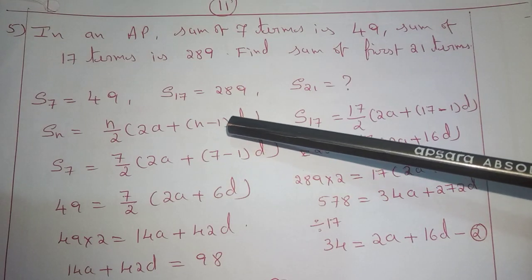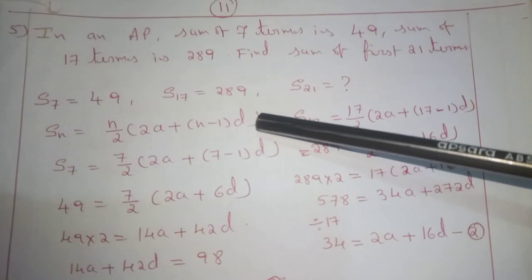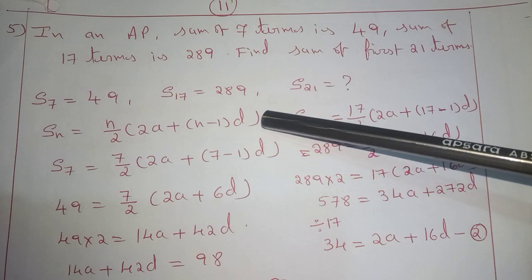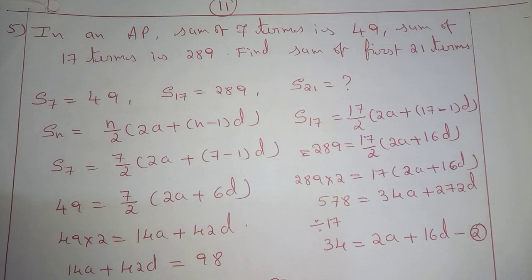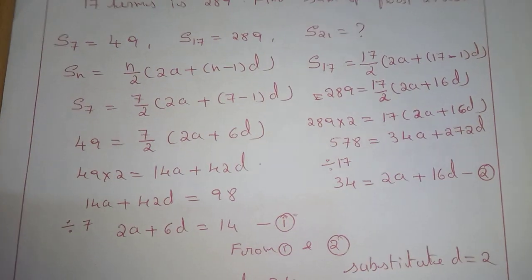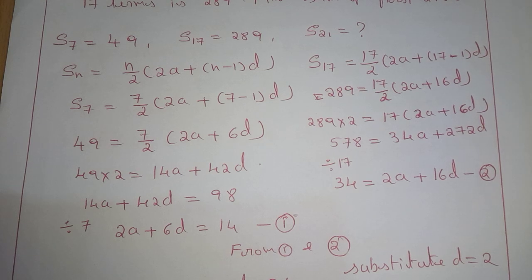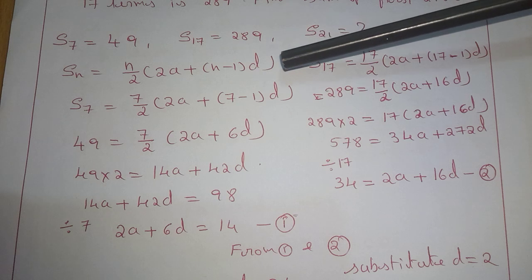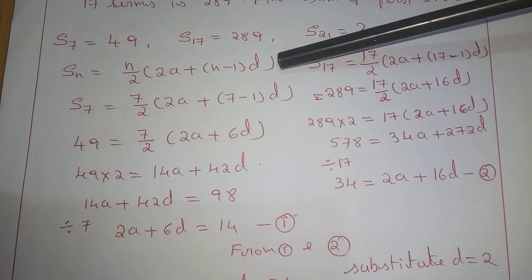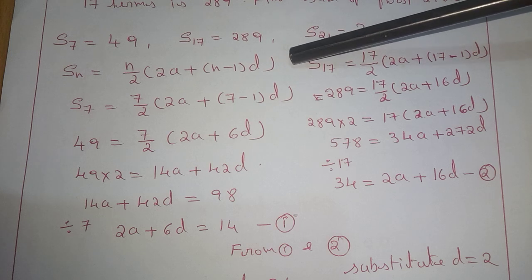Directly substituting in the Sn formula is lengthy. Sn is equal to n by 2 into 2a plus n minus 1 into d.